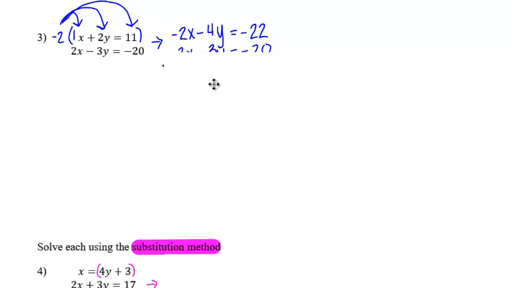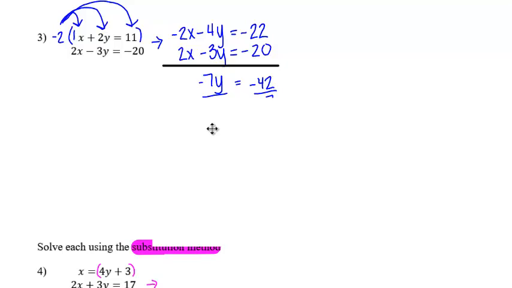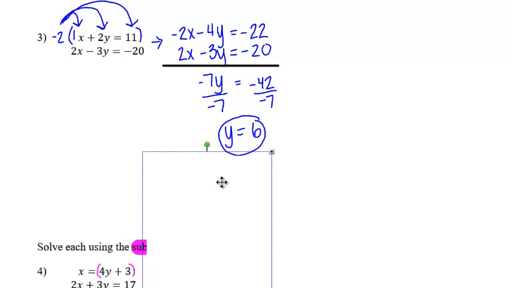Second equation I just bring over. Now we have opposites. Now those will cancel, right? So no more x term, gone. Then you just solve for y, divide, and you get 6.